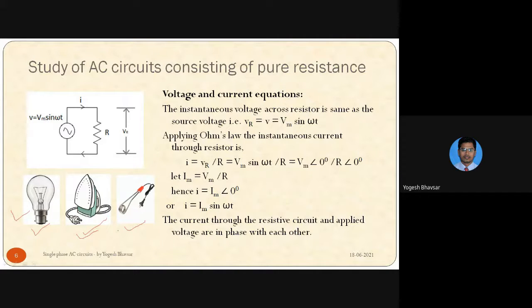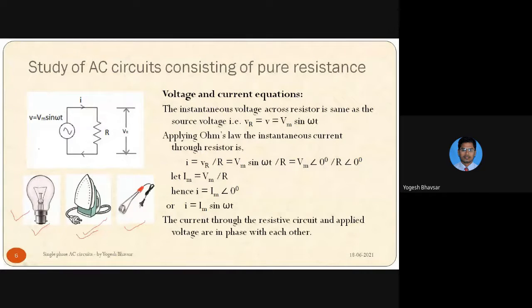There is a nichrome wire which produces a lot of heat, and that heat will be conducted inside the water, and the water will get heated. So these are examples of purely resistive AC circuits. We need to study the different properties of this purely resistive circuit.